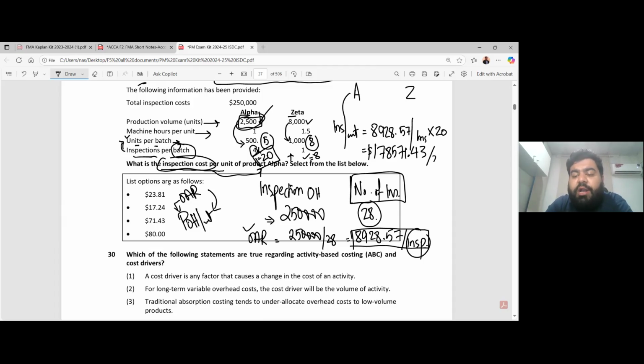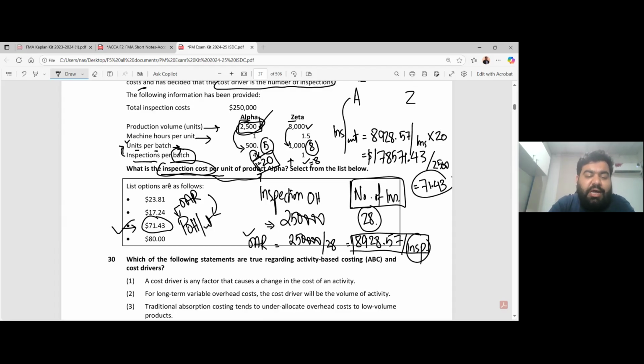Just divide by 2500 to calculate per unit. 178,571.43 divided by 2500 is 71.43. So 71.43 is the inspection cost per unit for alpha. C is the answer. Charlie is the answer.